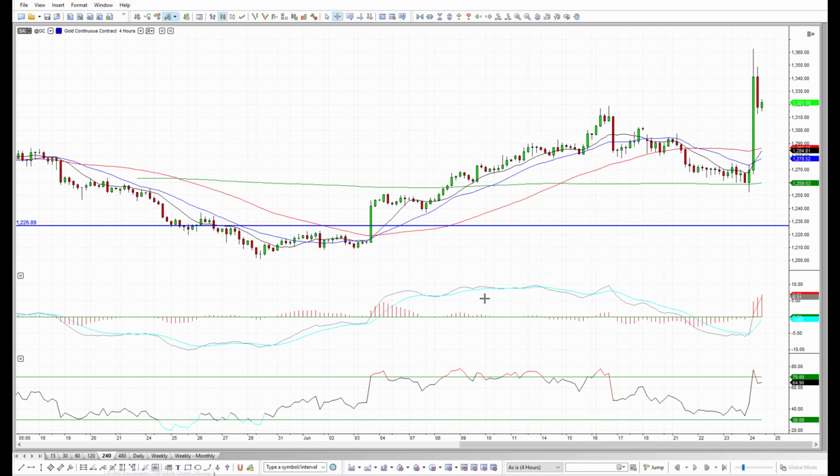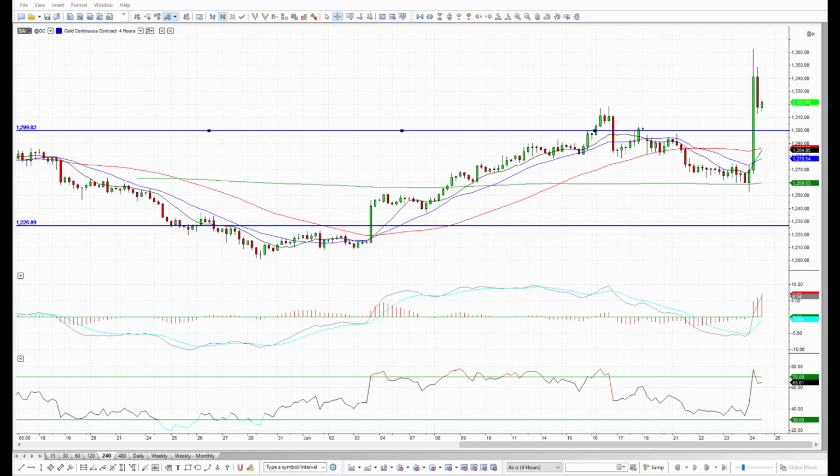In fact, I think the analysis is a little bit clearer if we start to look here on the 4-hour chart. So what I want to see on the 4-hour is if we mark a level in here around the 1,300 point, we can see that 1,300 has been a significant level here in the market.